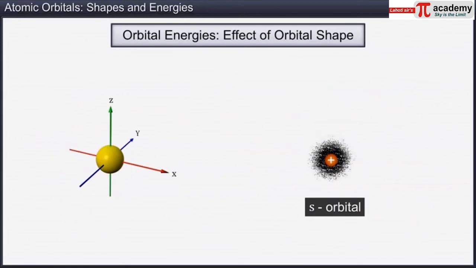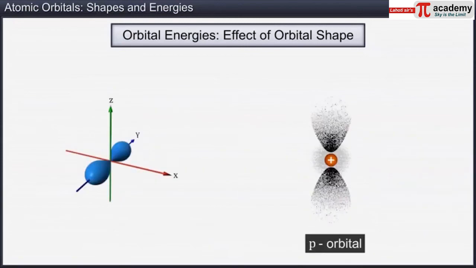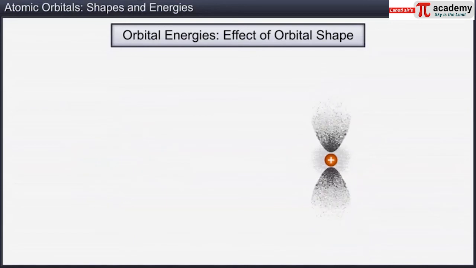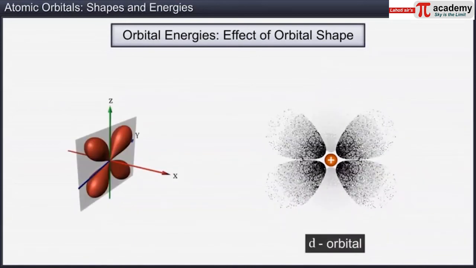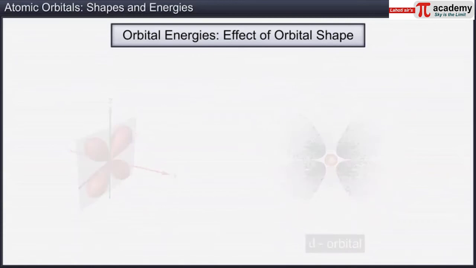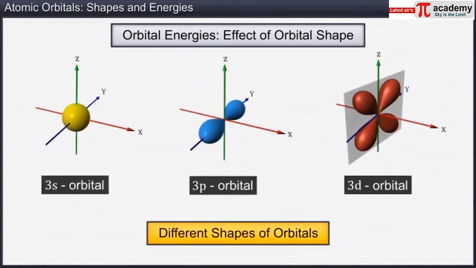In addition, due to spherical shape, the electron in the s orbital spends more time closer to the nucleus in comparison to the p orbital. Similarly, the electrons in the p orbital spend more time closer to the nucleus in comparison to the d orbital. This is due to the difference in the shape of their orbitals.